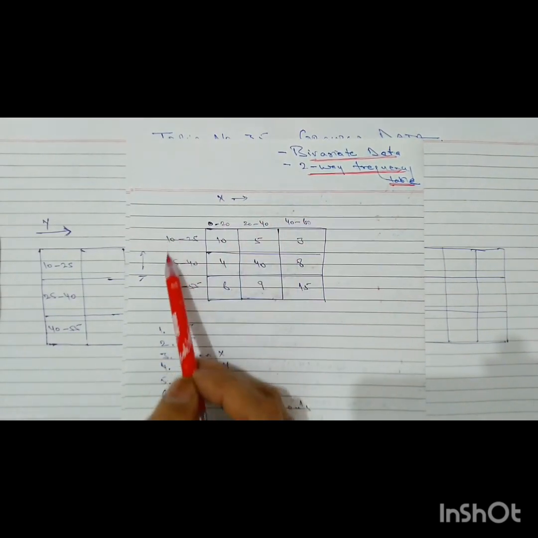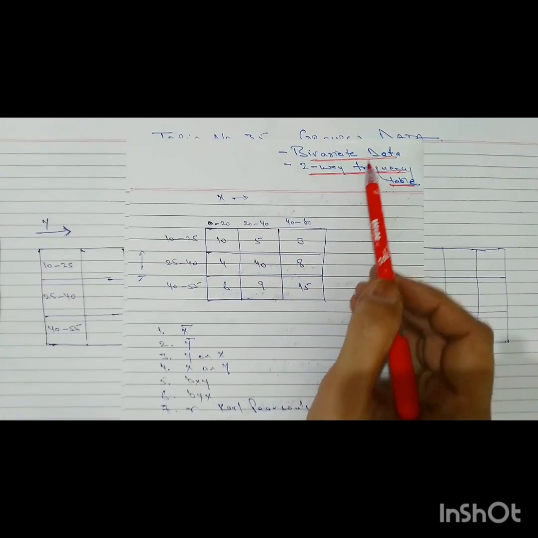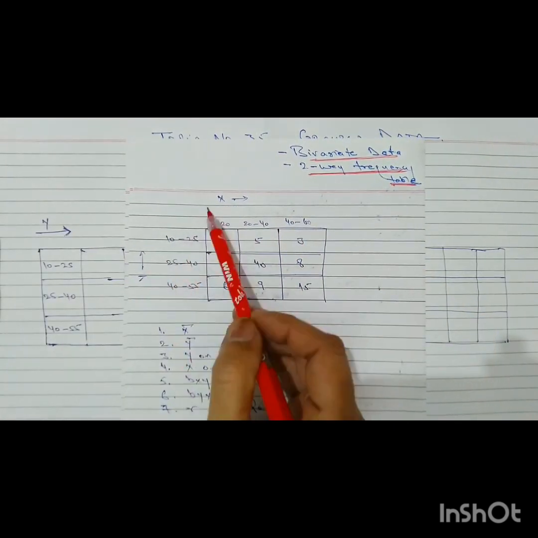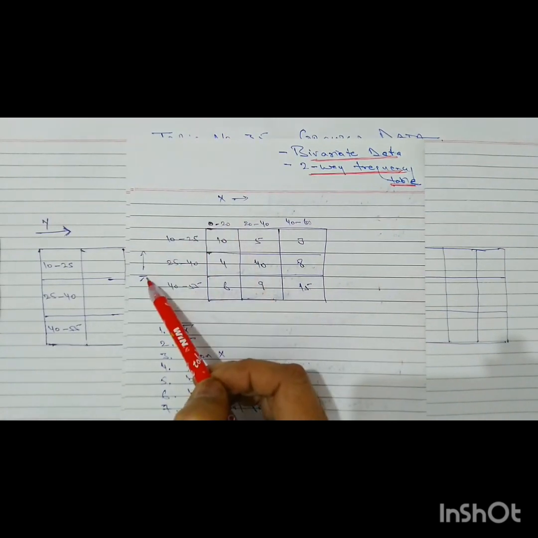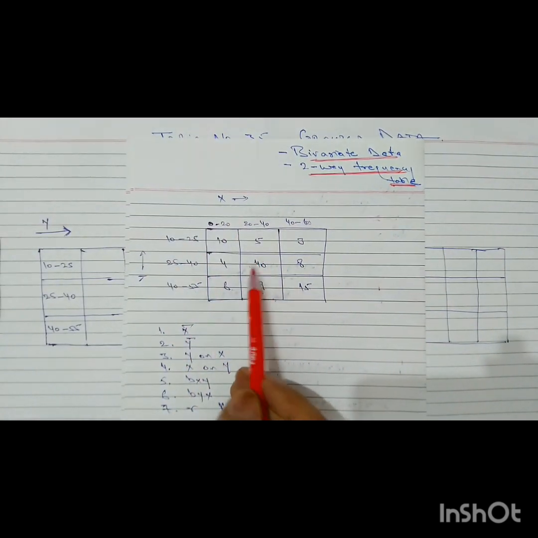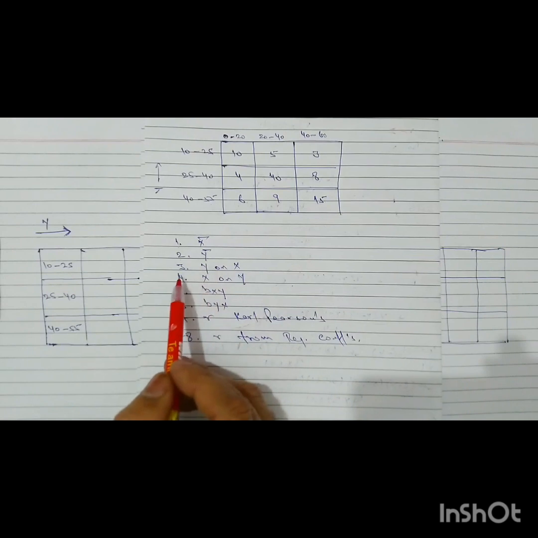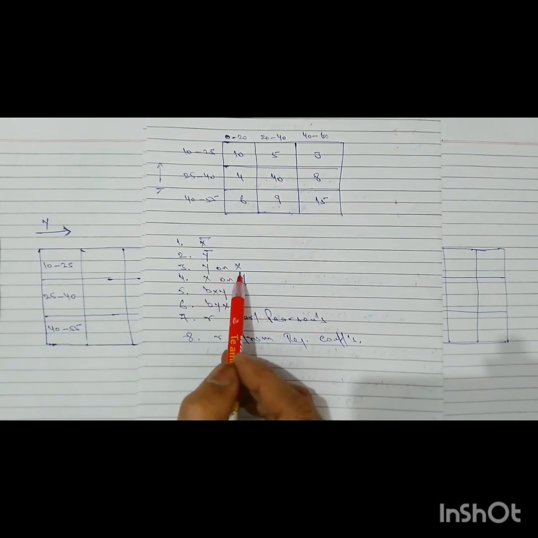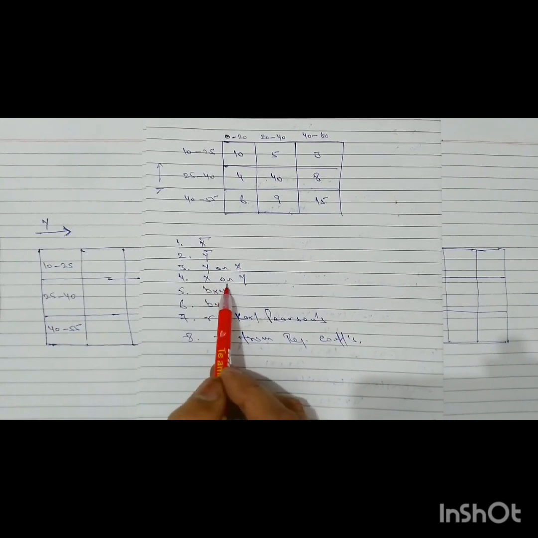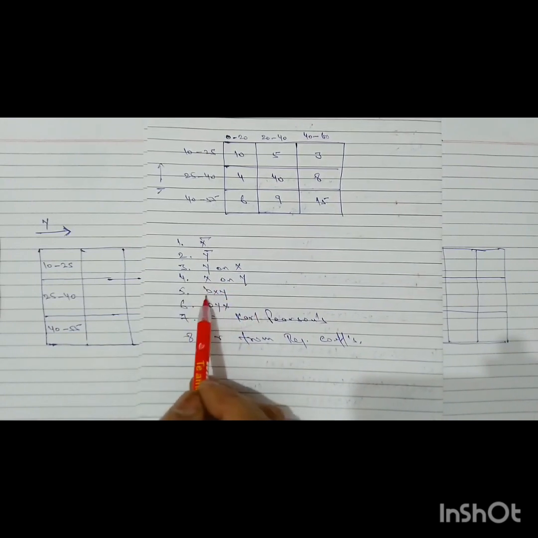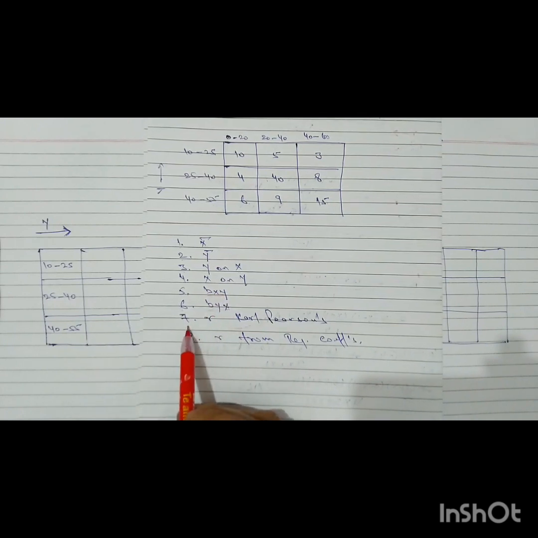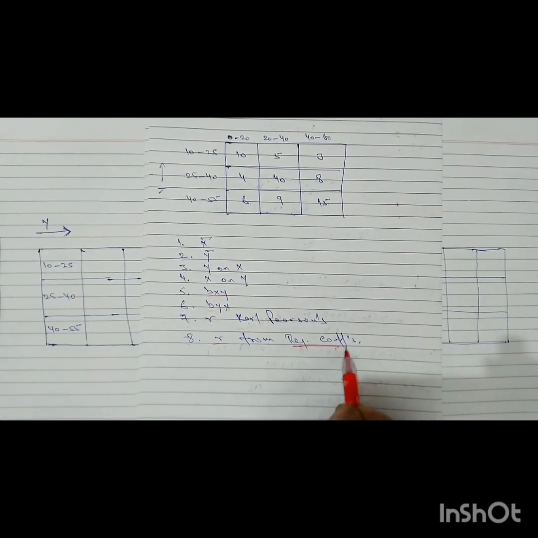This is the X series and this is the Y series. Bivariate data means two variables are available here, one is X, another is Y. From this grouped data, we calculate number 1, mean of X; number 2, mean of Y; number 3, regression equation of Y on X; number 4, regression equation of X on Y; number 5, regression coefficient of X on Y; number 6, regression coefficient of Y on X; number 7, Karl Pearson coefficient of correlation, small r; and number 8, coefficient of correlation from regression coefficients.